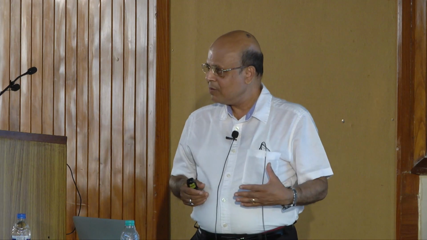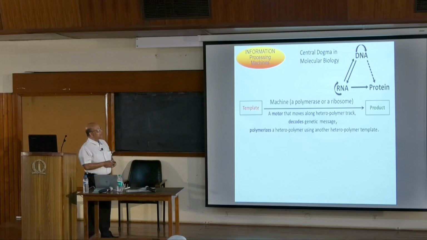Now, I have talked about sliders and rowers, but there are other motors which are information processing machines, and this is related to what in molecular biology is called the central dogma. Essentially, you have a template, which could be DNA or RNA, and you have machines which do three things. Examples of such machines are polymerases or ribosomes.